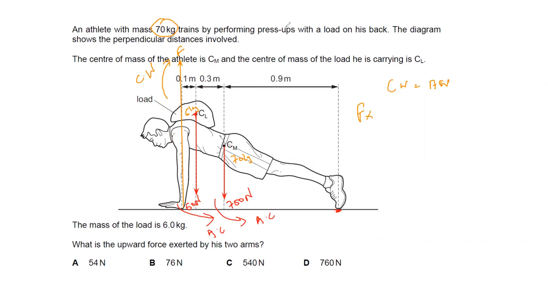We always take the distance from the pivot. So this total distance is the distance of force, this one is the distance of load, and this one is the distance of the weight of the athlete. That's why the final answer is 540. Is it clear now? 700 into 0.9 plus 60 into 1.2.